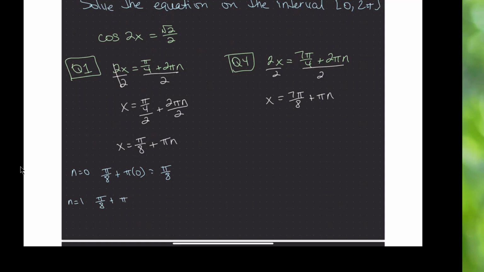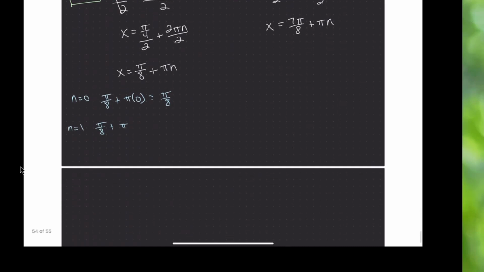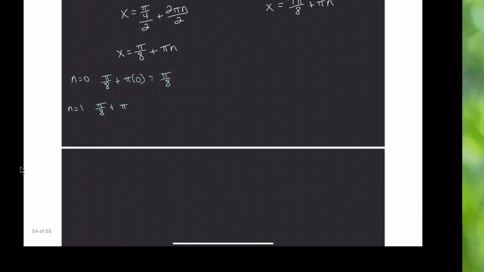Right? Let me squeeze this up for you guys. We got to add those little fractions together. So this would be the same thing as 8 pi over 8. So that's going to give us 9 pi over 8. Is 9 pi over 8 between 0 and 2 pi?